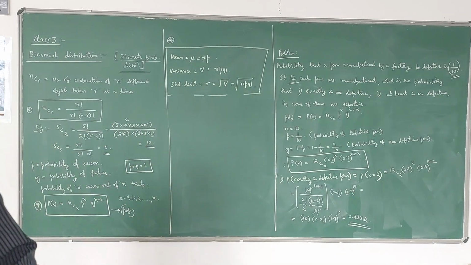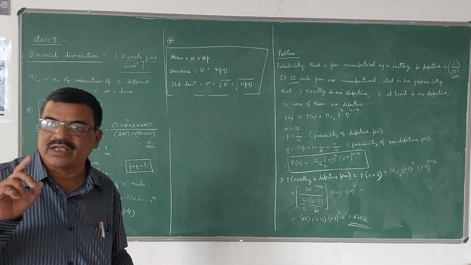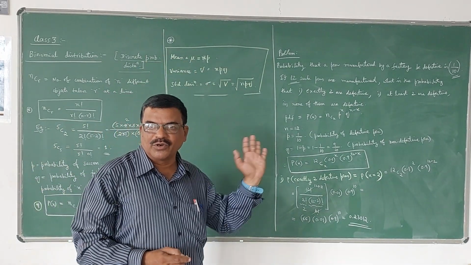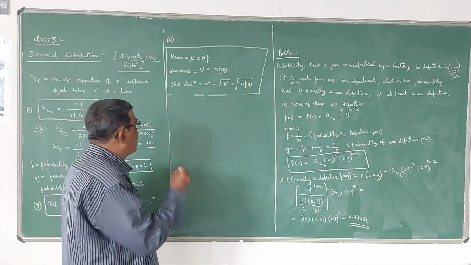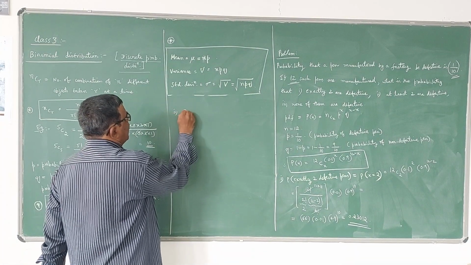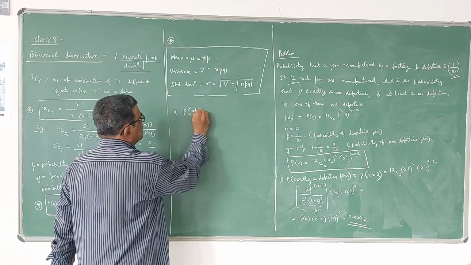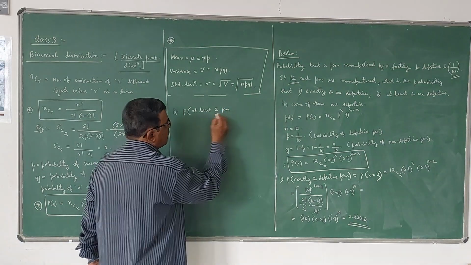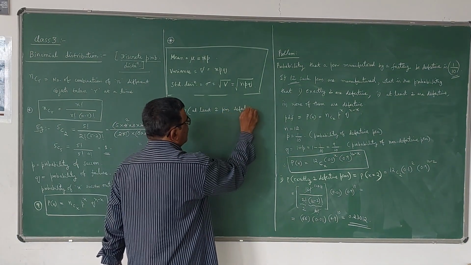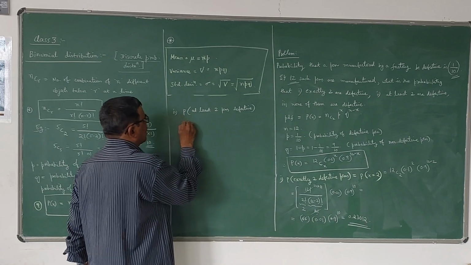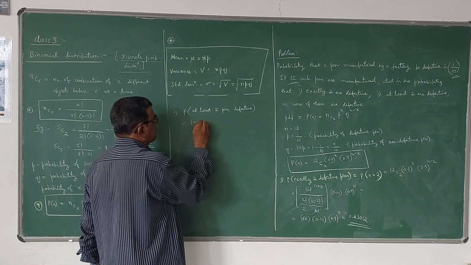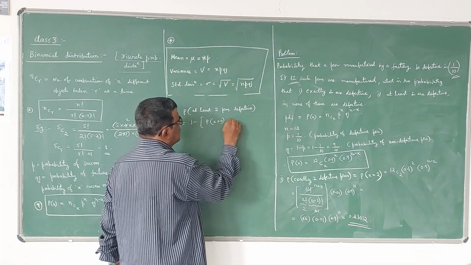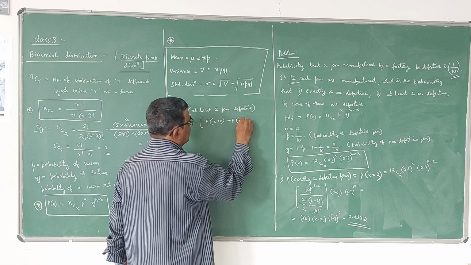Minimum 2 means 2, 3, 4, 5, 6, 7, 8, 9, 10, 11, 12 ತನಕ ಹೋಗ್ತದೆ ಅಲ್ವಾ? ಒಟ್ಟು 12 ಇದೆ. n is equal to 12. ಸೊ ನಾವು ಅದಕ್ಕೆ ಏನು ಮಾಡೋಣ ಅಂದರೆ P of at least, probability of at least 2 pens defective, ಇದಕ್ಕೆ ಏನು ಮಾಡೋಣ ಗೊತ್ತಾ? ಈ ಥರ ಹೋಗೋಣ. 1 minus probability of x is equal to 0 plus probability of x is equal to 1.